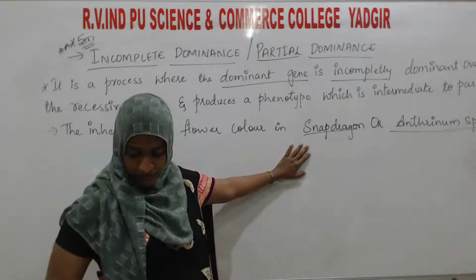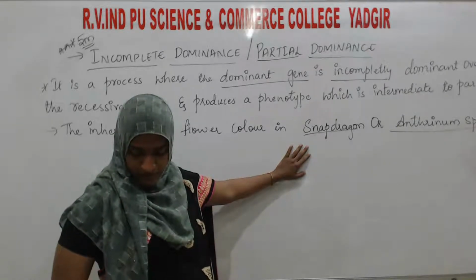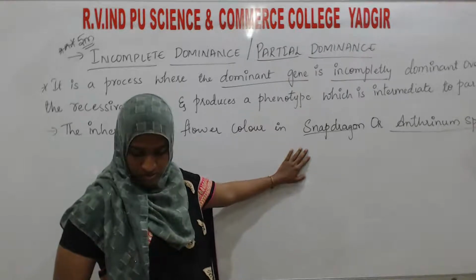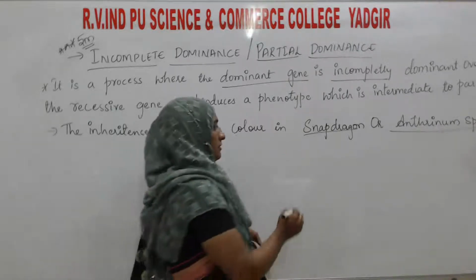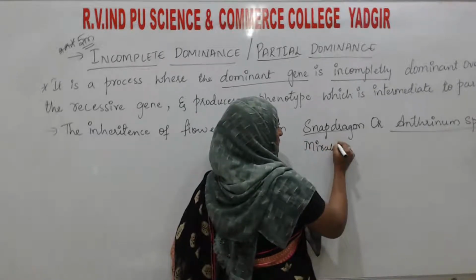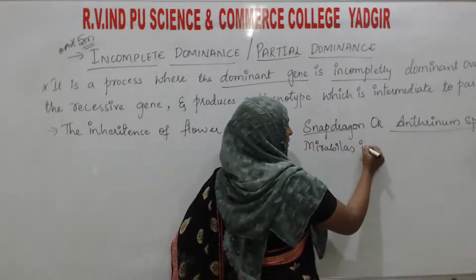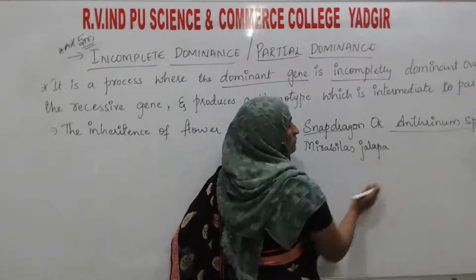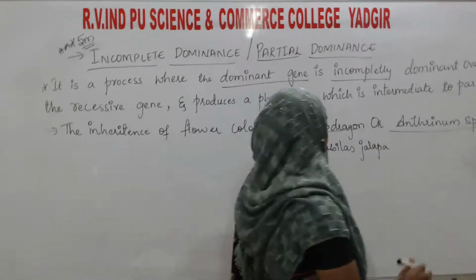One more plant is there, that is Mirabilis jalapa, which is also known as the 4 o'clock plant.